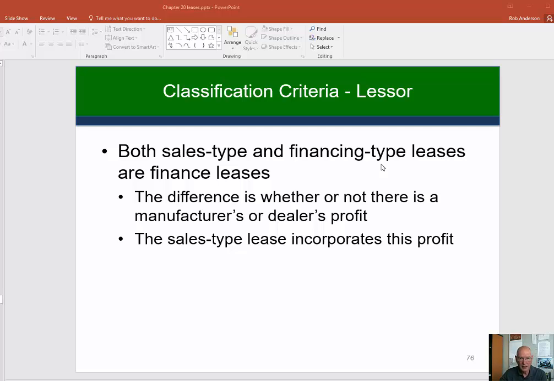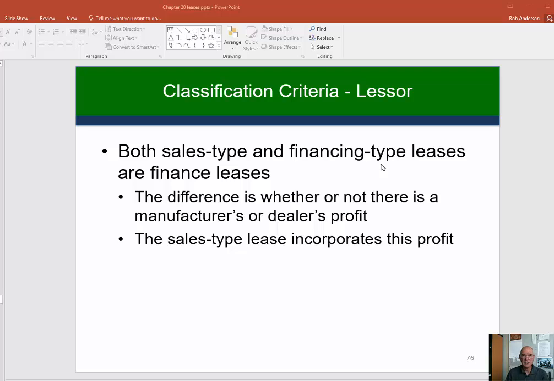Now, the other kind of lessor that you're probably actually more familiar with on a personal perspective is a sales type lease, and we call that either a manufacturer / dealer or sales type lease. And in this type of lease, the manufacturer of the product is trying to promote sales.